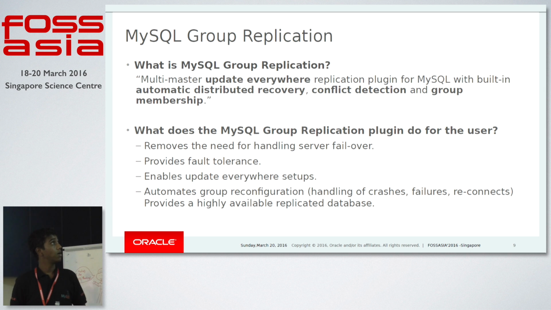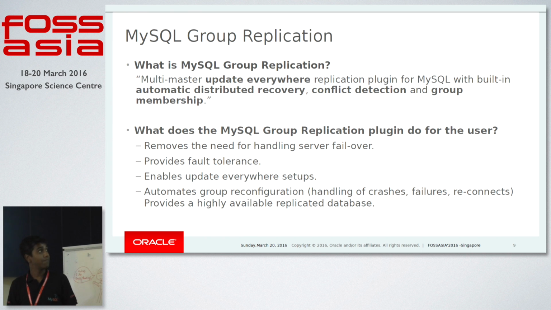So, what are the use cases of it? There is no need to handle failovers in this case, because all the members in the group are at the same state. So in case a member crashes, all we need to do is direct the client to any of the remaining servers in the group. We provide fault tolerance.